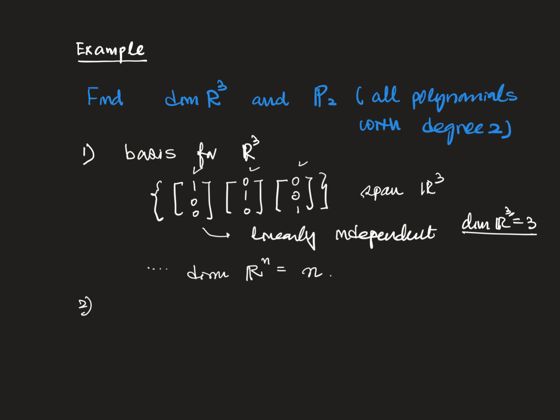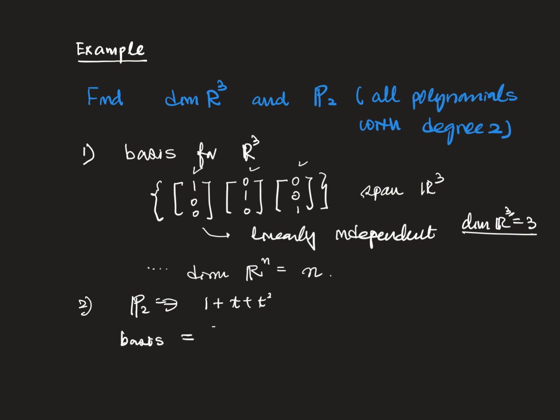Let's do the second one. P2, guys, remember what P2 is? It is the set of all polynomials with degree 2. An element in here is, say, 1 plus t squared. That's P2, polynomials with degree 2. So we find the base of this P2.